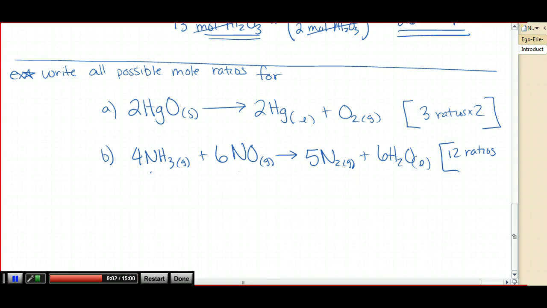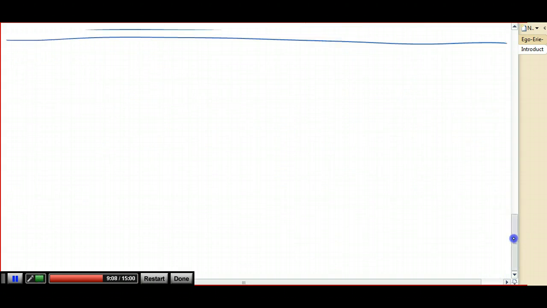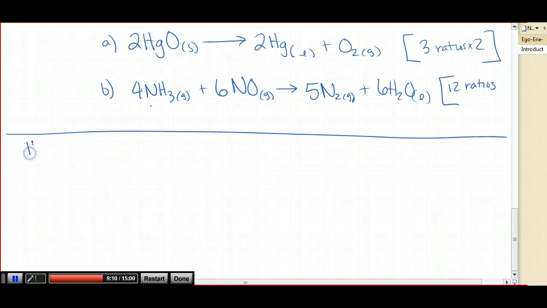What if, though, I wanted to find how many grams of aluminum would be made from 26 moles of aluminum? How many grams of aluminum would be 26 moles of aluminum? You've already done those kinds of problems, so I'm going to take this a little bit further.